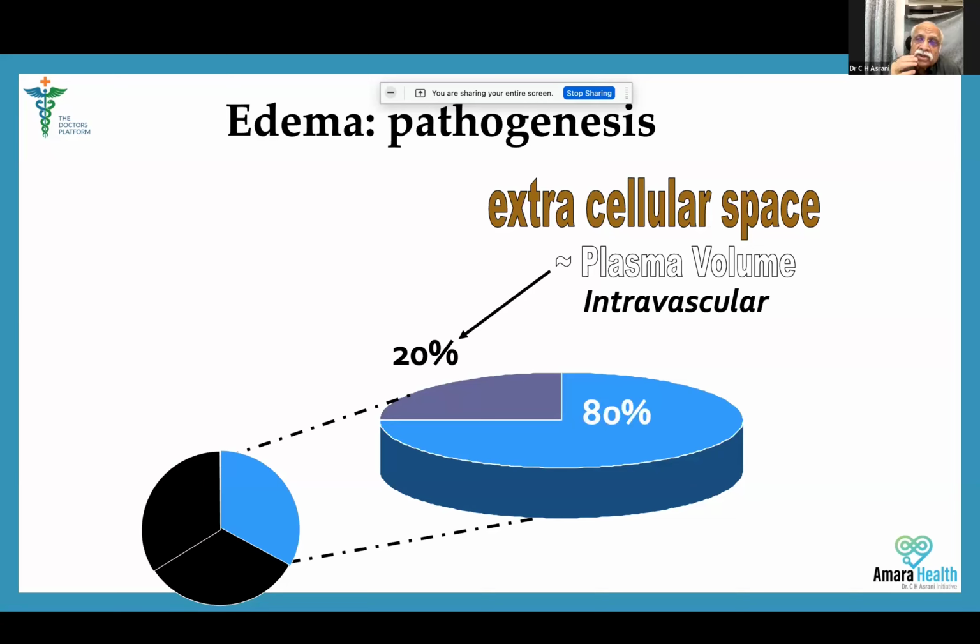Extracellular is outside the cells. So plasma is in the vessels and 80% is in the interstitial space, the space between cells. That is 80%.